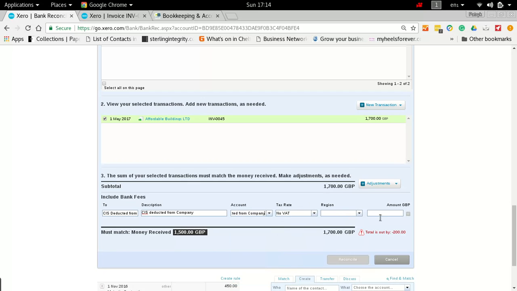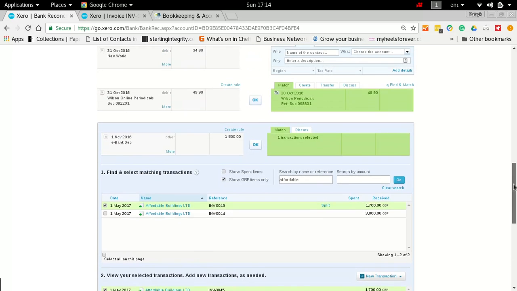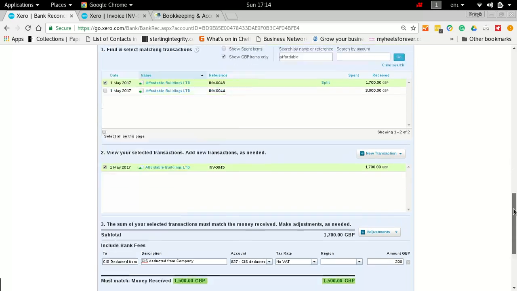No VAT, and amount £200. So what that does, it clears our invoice, so our sales still record £1,700, but it also allocates the payment to the appropriate Construction Industry Scheme account. I would say this is the fastest and easiest way of doing it in Xero.